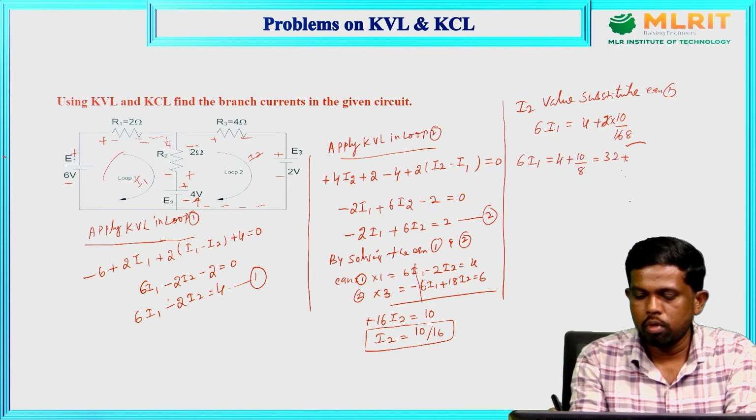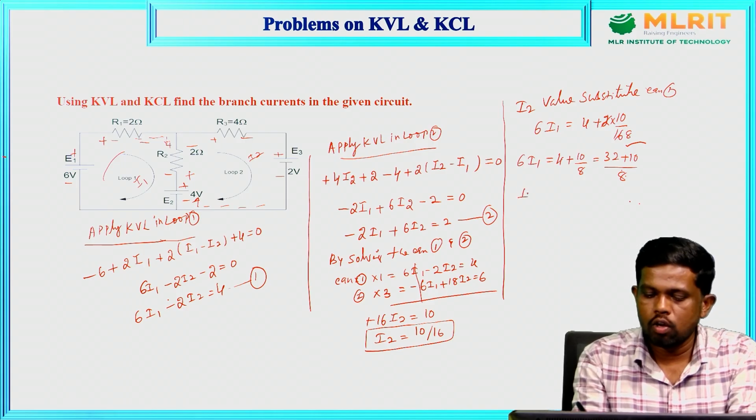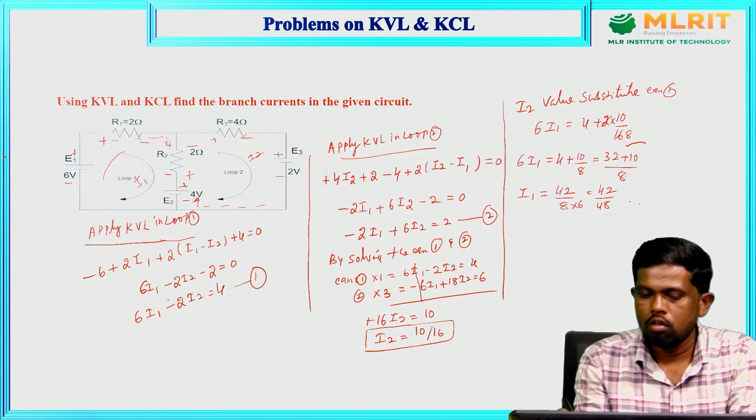Then 32 plus 10 upon 8 we got finally. Therefore I1 equal to 42 divided by 8 into 6, which means 42 upon 48, and therefore the current flowing through this resistor is 42 upon 48 ampere.